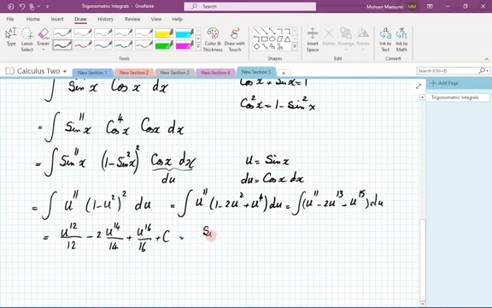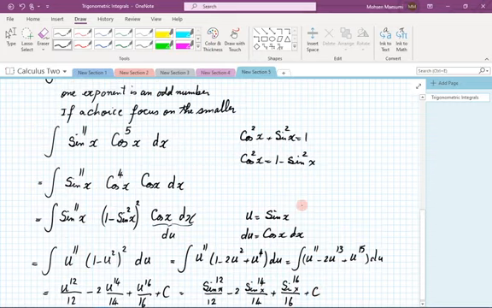So this has to be sine to the 12 of x over 12, minus 2 sine to the 14 over 14, plus sine to the 16 over 16, and a constant. Quite an interesting problem. Starting with this, we end up with an expression of this type.